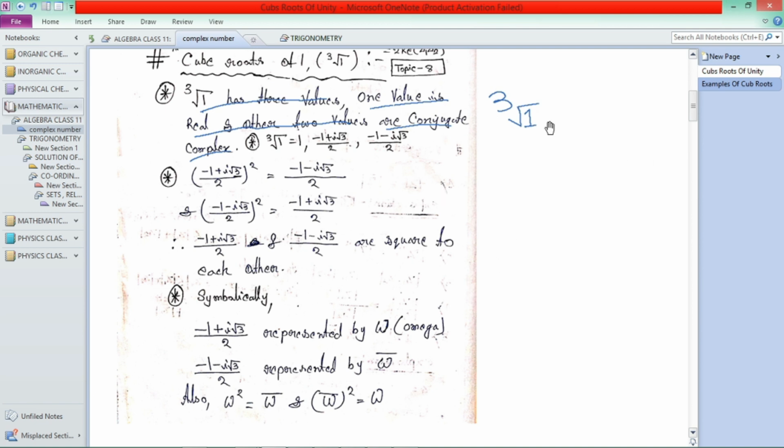So the cube roots of 1 are 1, omega, omega square.